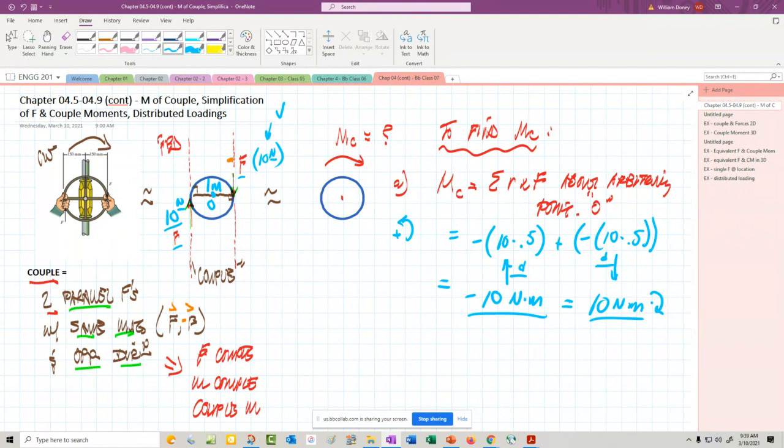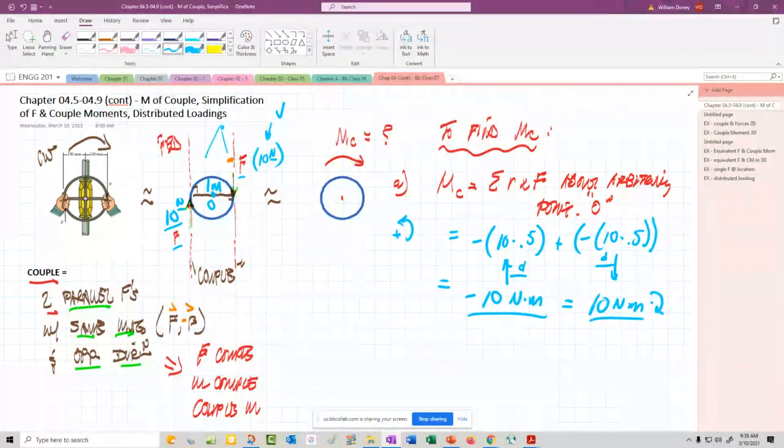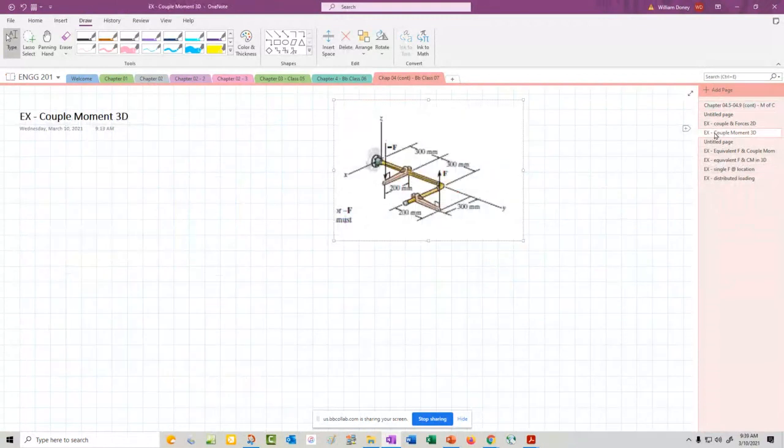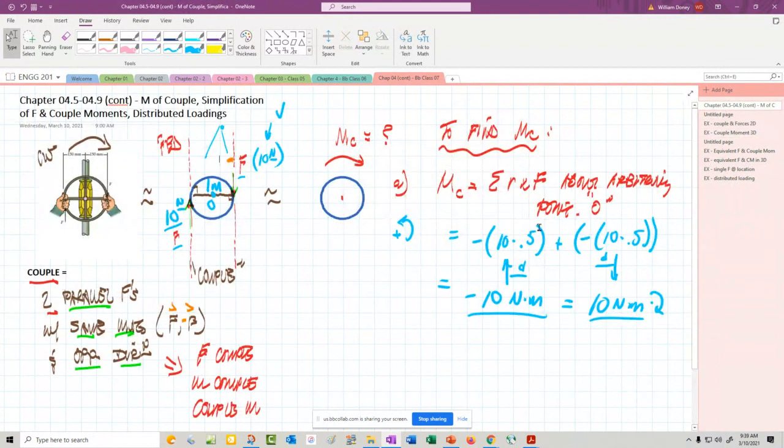So we can find that about any point. I could put a point up here and we could find the radiuses and all that, or position vectors. So that determines the moment. We said we have a 10 clockwise there. All right, no big deal. Now, when this gets into three-dimensional problems, where it gets a little messier, it can be harder to find a good point and solve it.